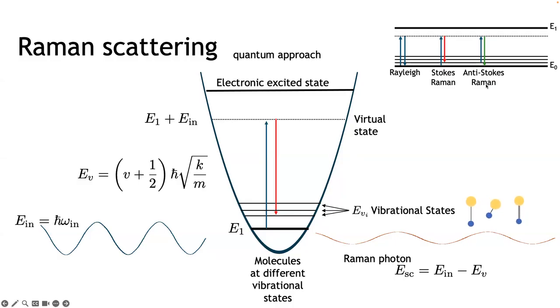But here we can see that we have another extra case where the incident photon corresponds to an actual electronic transition of the molecule. And this is what we call resonance Raman, and I guess you'll hear about this later after my talk.